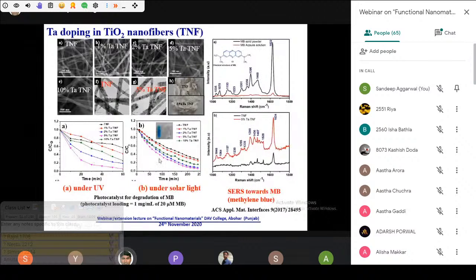Again, for these results, I think it will be difficult for PG students to understand what they mean. So I will just tell you in short what happened after doping: the degradation of organic molecules improved. And also this is useful for sensing. After doping, you can see the sensing enhancement in the Raman spectra; there is an enhancement in the Raman signals.